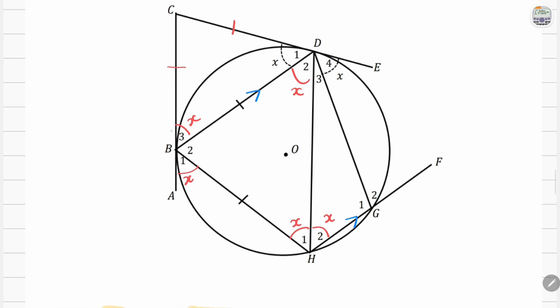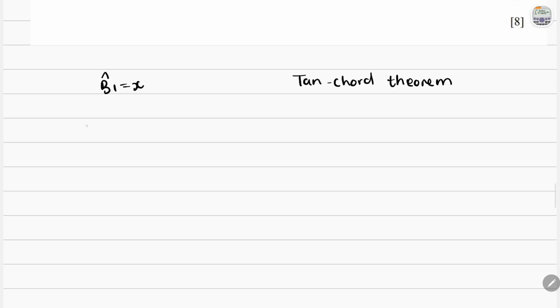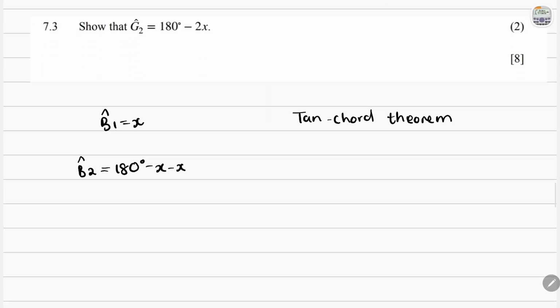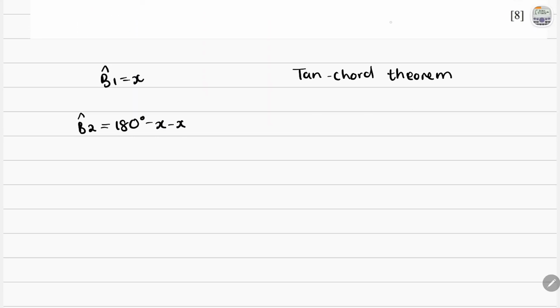Angle B2 will be found by saying this is a straight line, so the angles on a straight line add up to 180 degrees. Angle B2 is 180 degrees minus that x minus the other x, those two x's there. So angle B2 is equal to 180 degrees minus 2x.